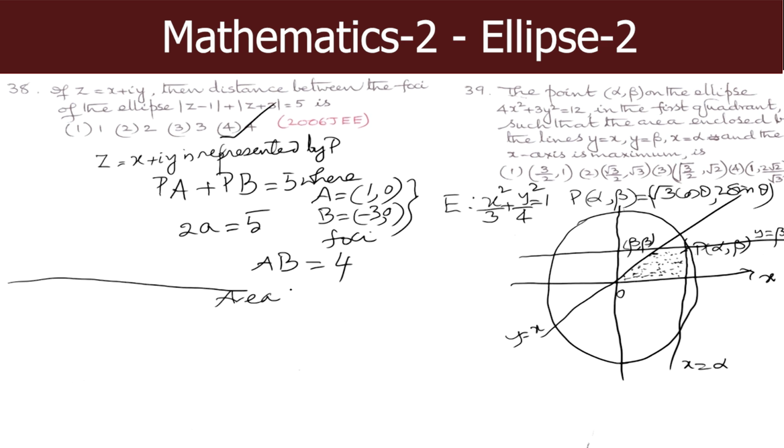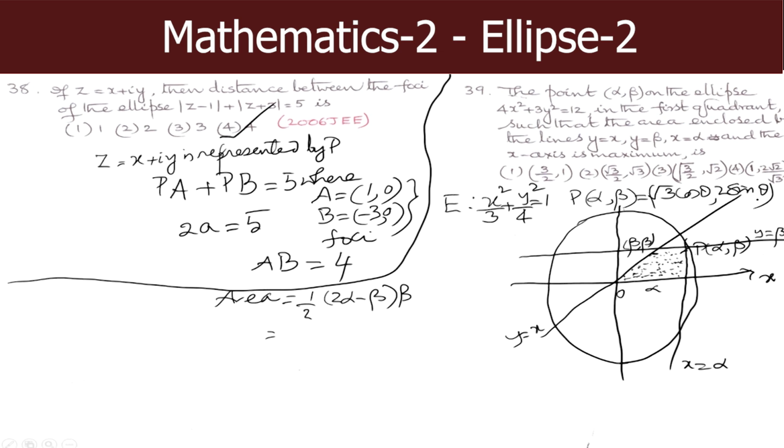The area of the trapezium equals 1 half of the sum of the two parallel sides. This side is alpha minus beta and this is alpha. So, alpha minus beta plus alpha, 2 alpha minus beta, into the distance between them, that is beta, the y coordinate of P. So, this is alpha beta, where alpha is root 3 cos theta and beta is 2 sin theta.